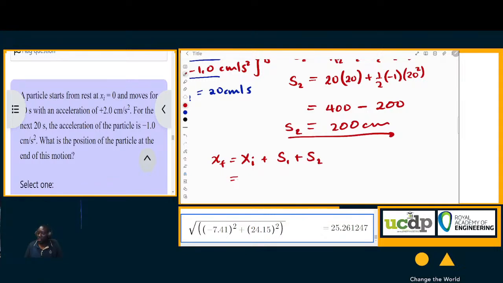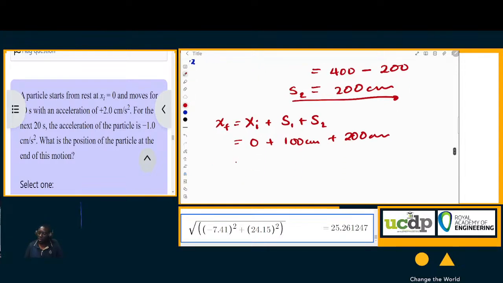Since x initial is 0, our reference, s1 is 100 centimeters, s2 is 200 centimeters. You add those two, you get 3 meters. So our x final is 3 meters away from the initial position. As simple as that.